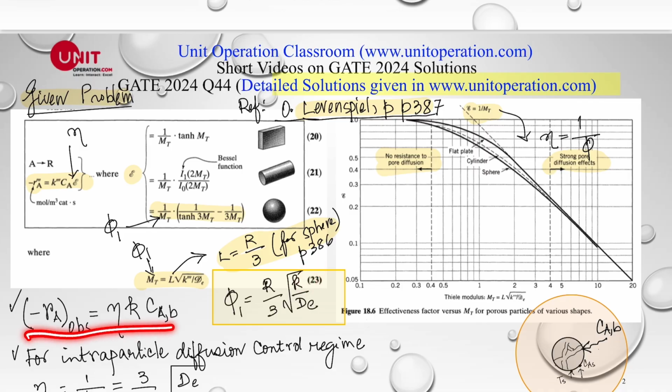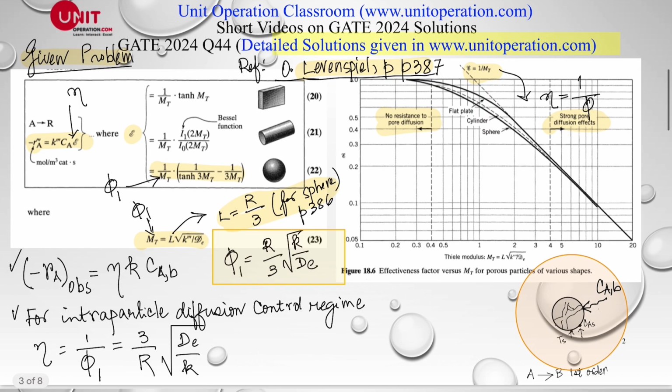So the observed reaction rate would be equal to the bulk concentration, assuming there is absolutely no diffusional resistance in the bulk, so the concentration here and on the surface are pretty much the same. If that is so, then when M_T, phi here, is as we discussed much greater than 1, you can see that eta is equal to 1 over phi.